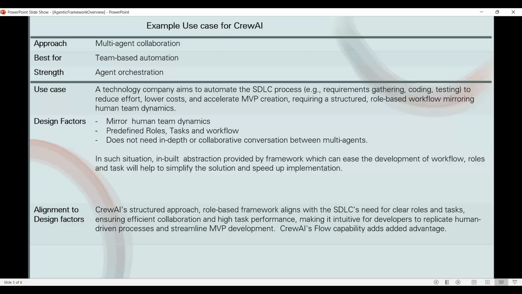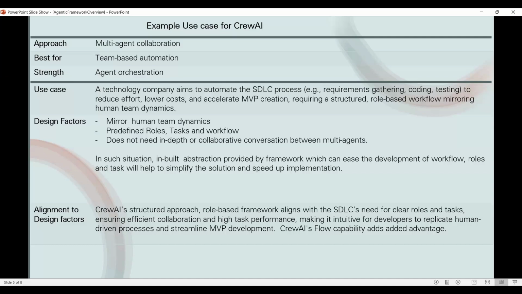So this looks like a very good fit for CrewAI, because the strength of CrewAI is when the requirement is based on roles, tasks, and there is a well-defined, predefined flow and success criteria, right?